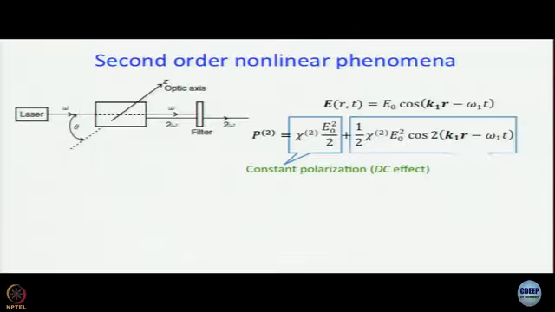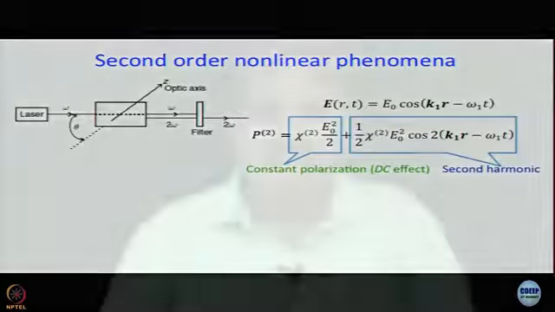The second one is actually the second harmonic term. There you have a polarization that is modulated by a frequency of 2 omega 1. So, this is the term that is responsible for second harmonic generation. Then we take a break here, and in the next module we start right here.